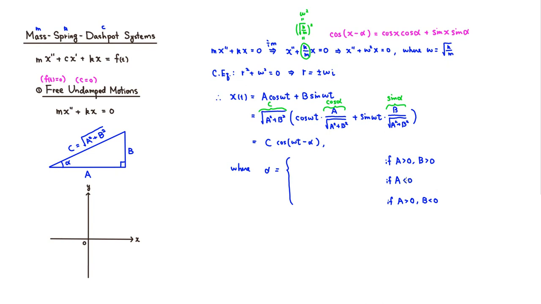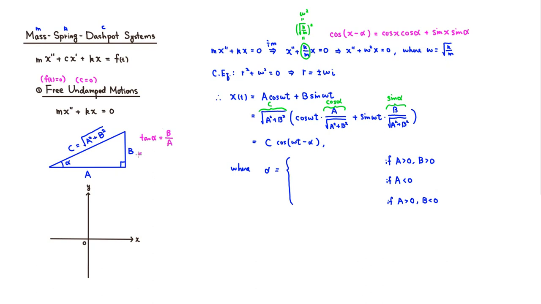Alright, so in order to find the angle alpha, if you look at this triangle here, when you look at the tangent of alpha, it's going to be opposite over adjacent, so it's going to be B over A, right?